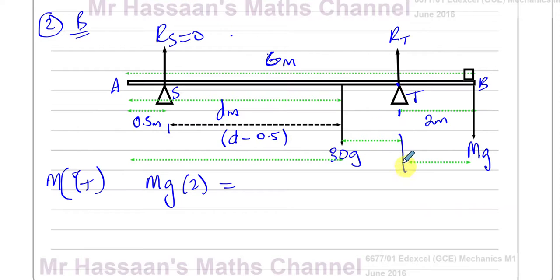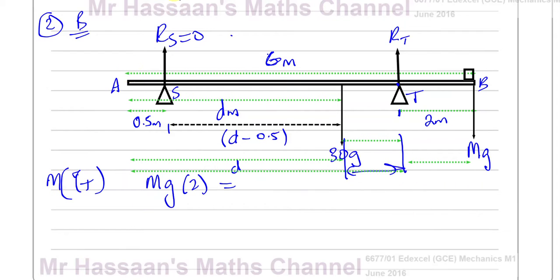This is 6 minus 2, so from here all the way across to here is going to be 4 meters.